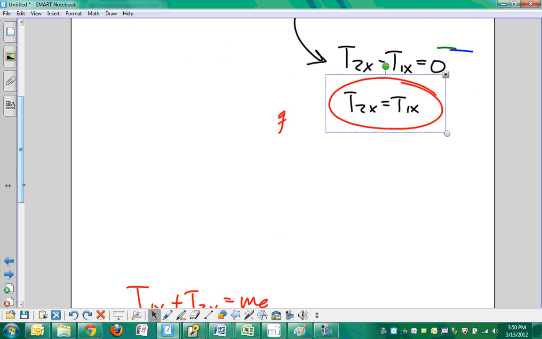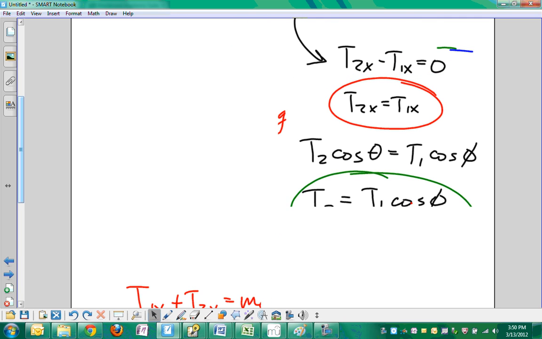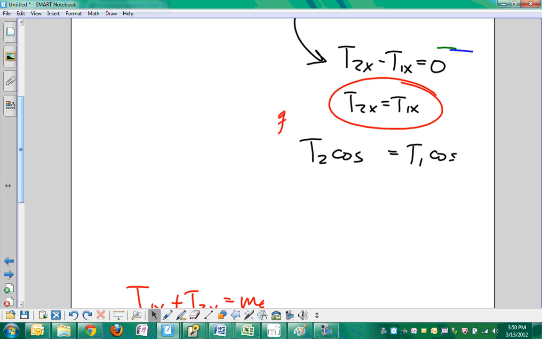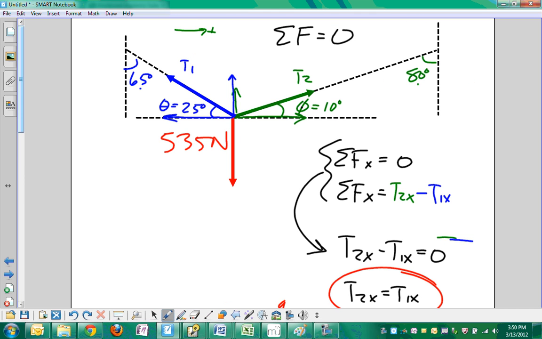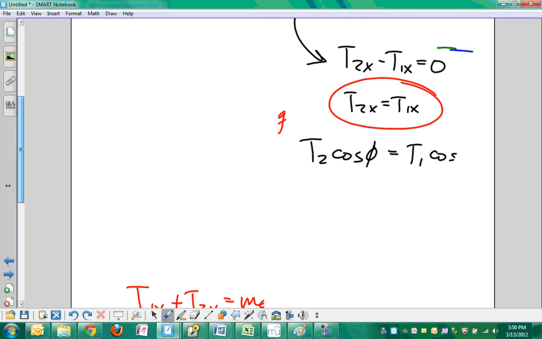All right, as a result of that, we know that T2 cosine phi, because phi goes with T2, is equal to T1 cosine theta, because this is the x component of T2, and this is the x component of T1.